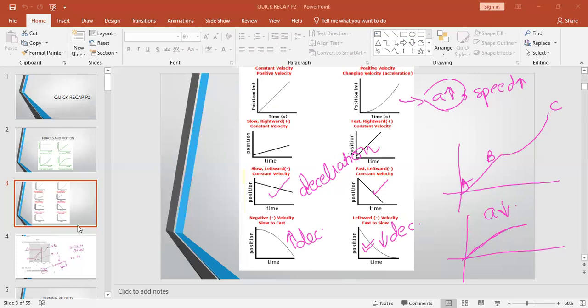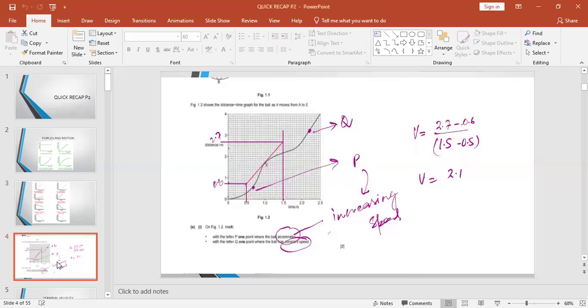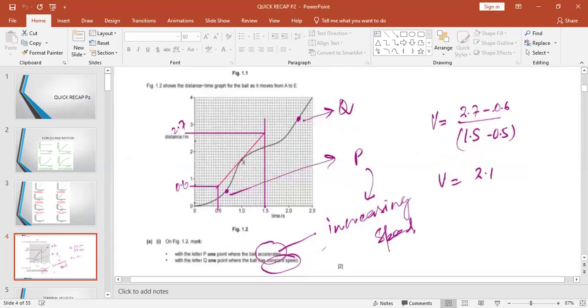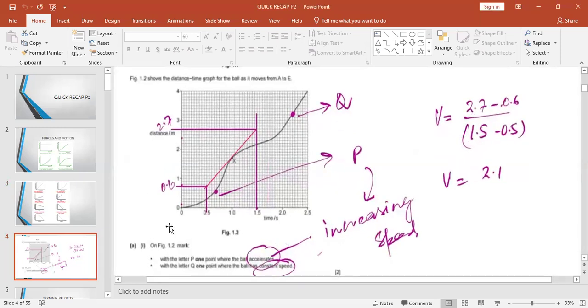Clear? Okay, now how to draw a tangent on the graph. Suppose, can you see the screen? In this particular graph, they are asking first of all to define the motion. Write the letter P1, the point where the ball accelerates.